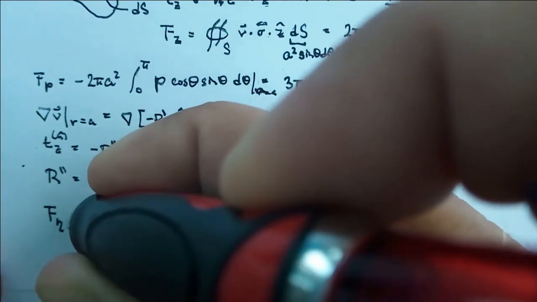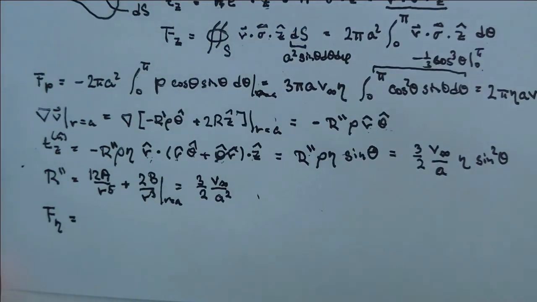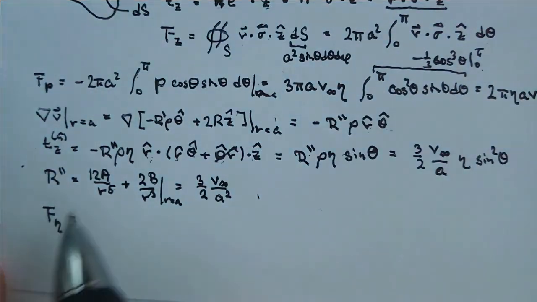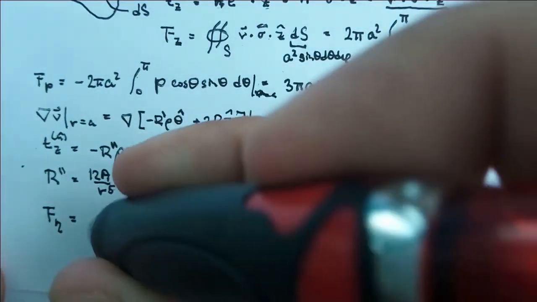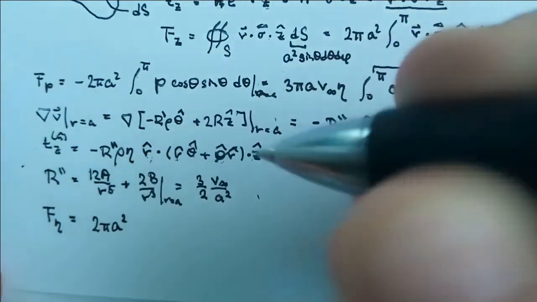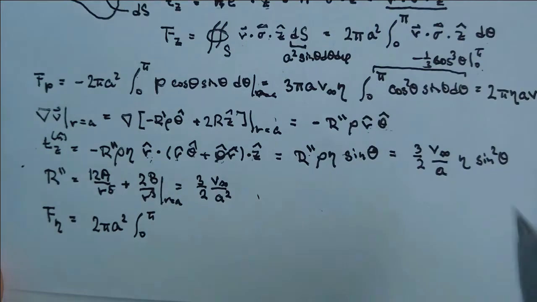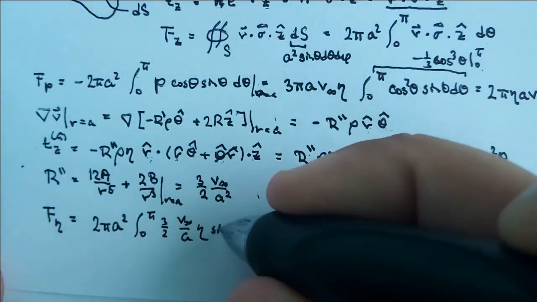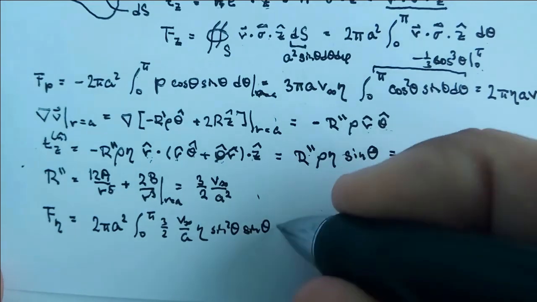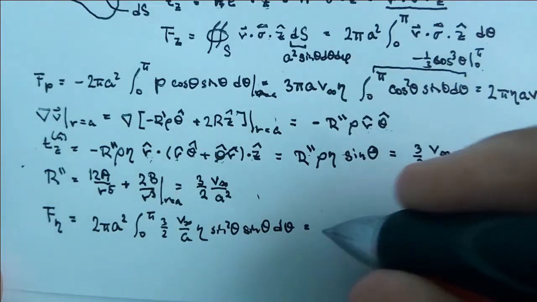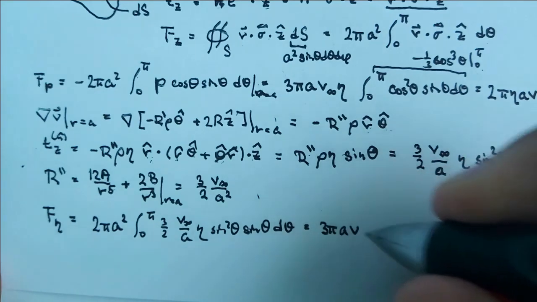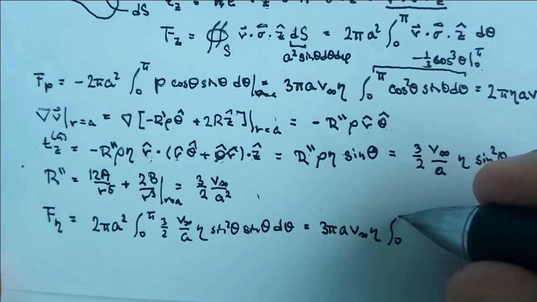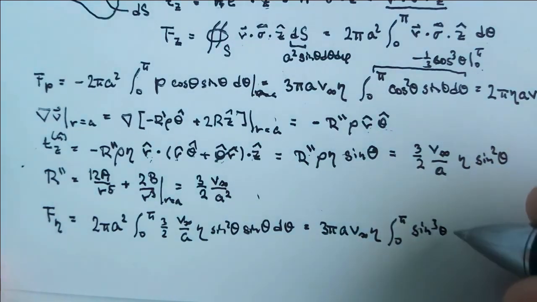Then the force due to shear is, from the equation of force, which is over there, 2 pi a squared times the integral from 0 to pi of this expression, which is 3 halves v infinity over a eta sine squared theta, times sine theta from the Jacobian, d theta. That is 3 pi a v infinity eta times the integral from 0 to pi of sine cubed theta d theta.